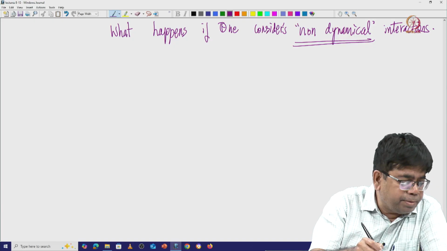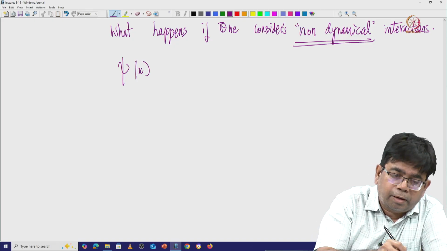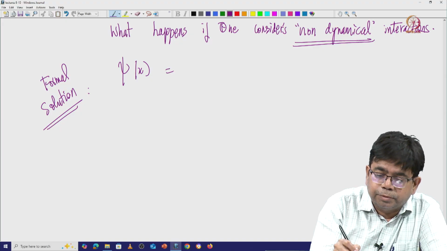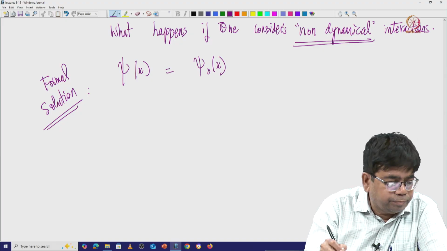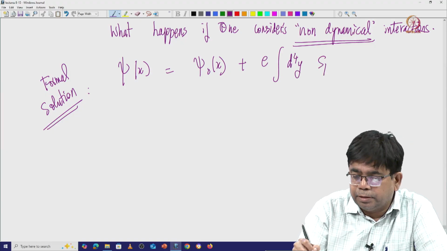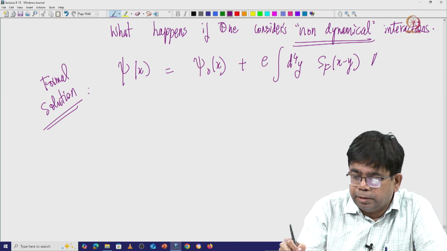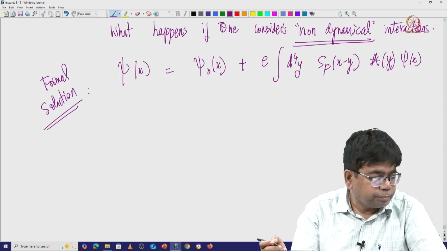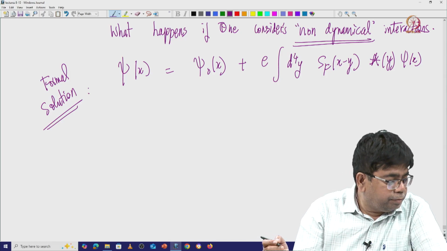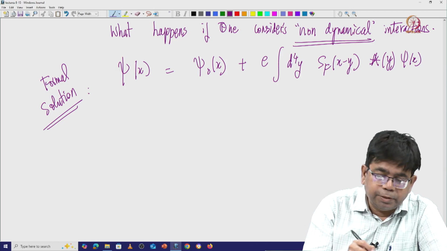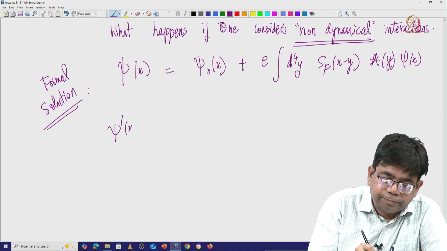So psi of x is equal to psi 0 of x plus e integral d^4y S_F(x minus y) A-slash(y) psi(y).